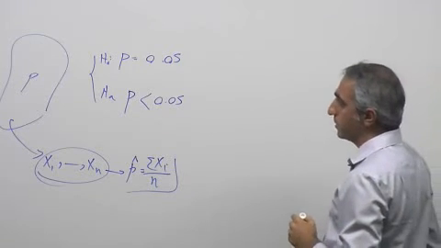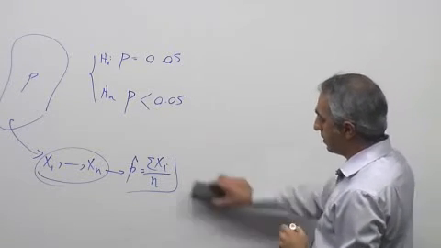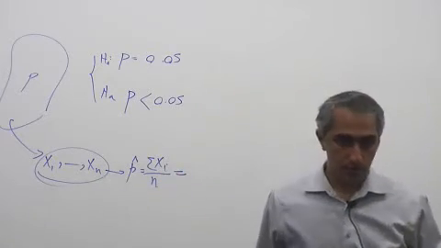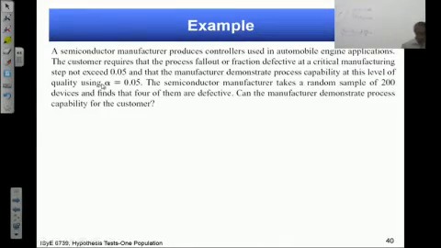Okay? So we need to find P hat first. In this example, it says 200 samples. How many of them? Does it say anything? 4? Yeah, 4.